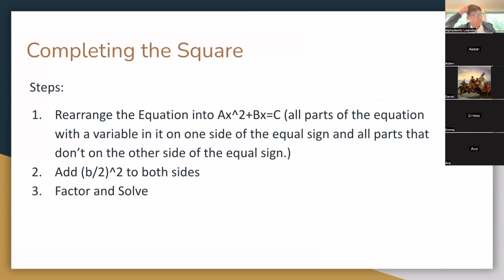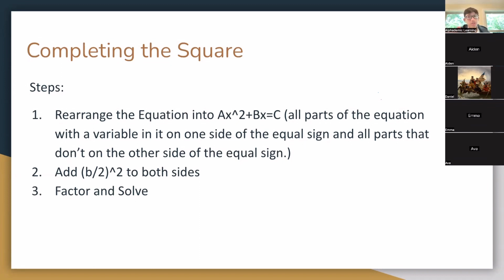This is known as completing the square. You use this when you have a quadratic equation that you can't solve through regular factoring. There are 3 steps. First, rearrange the equation into ax squared plus bx equals c.